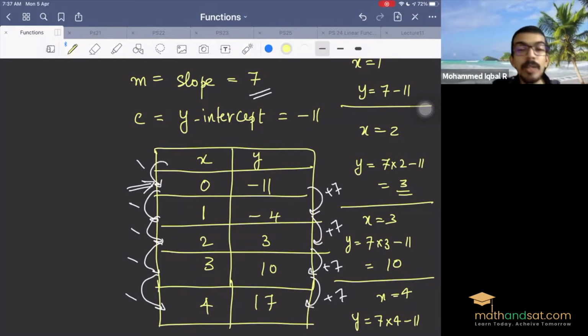So we can call this a rate of change of output with respect to the input. It's the rate at which y changes with respect to x. That is the physical significance: the rate at which your output value changes when you change the input by 1 unit.